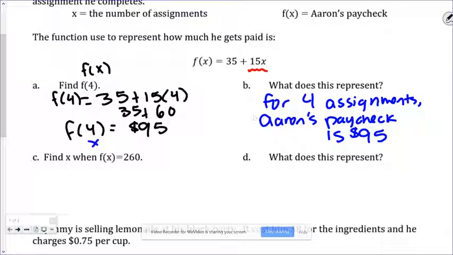All right, part C and D, it's saying find x. Okay, so we're finding x. That means that I'm solving for this variable on the right side. Okay, so this f of x, the whole left side, is equal to 260. So I'm plugging in 260 for this left side.